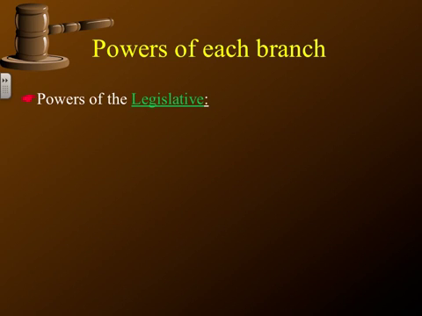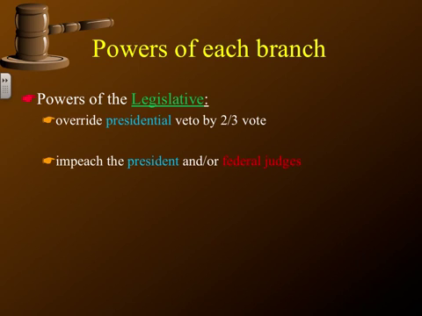So not only are we going to look at the legislative powers again, but we're actually going to look at when the legislative branch does a certain thing, what branch are they checking? So when the legislative branch overrides the presidential veto, they are checking the executive branch. So that's why we have presidential in blue. When the legislative branch impeaches the president, they are checking the executive branch.